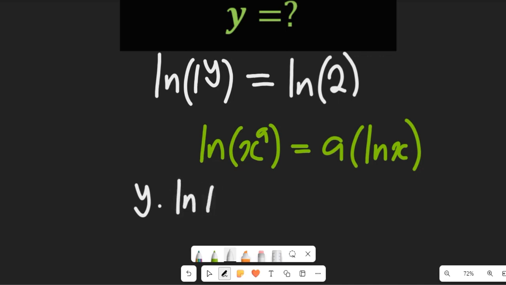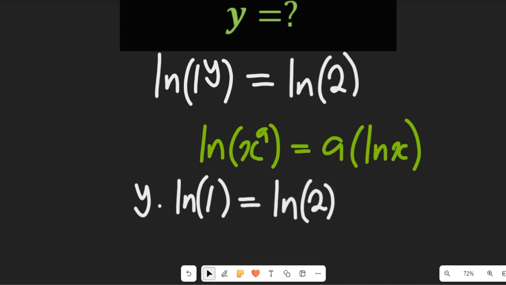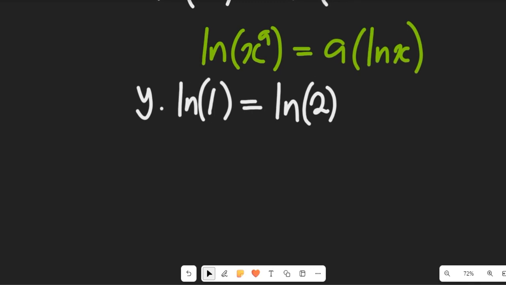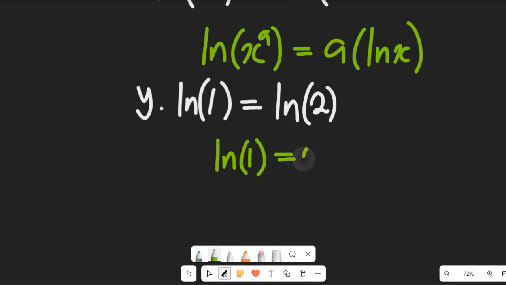of 1, and this will be equal to the natural log of what? Of 2. Now from this expression, you can see that the natural log of 1 is equal to 0.